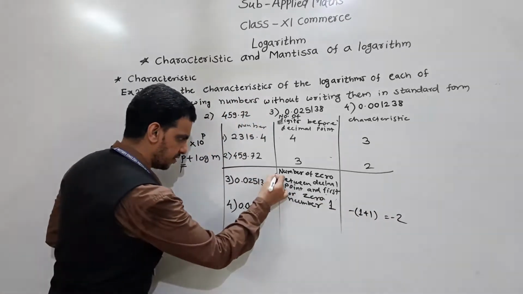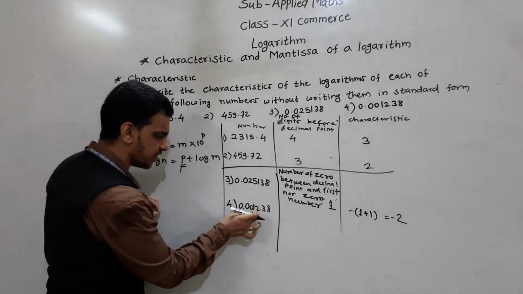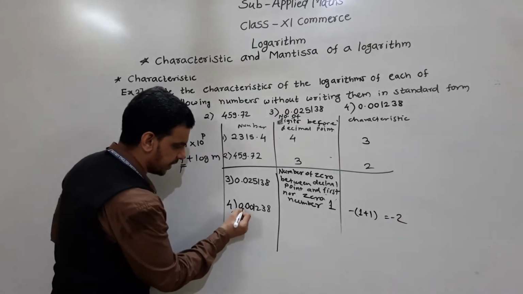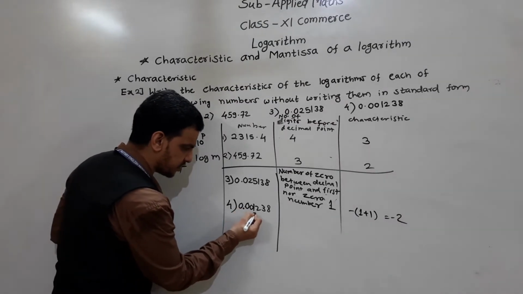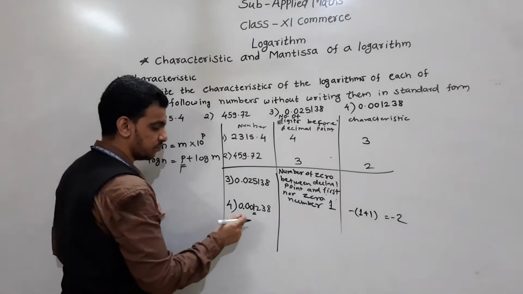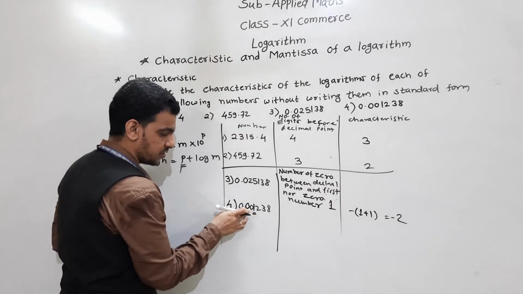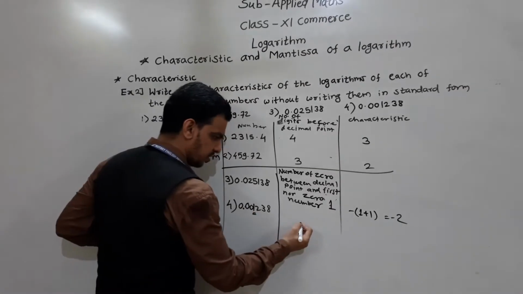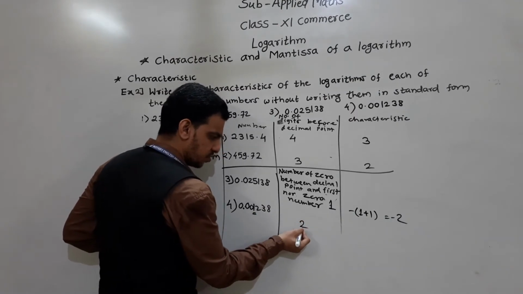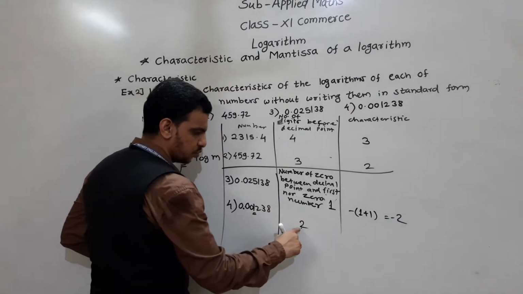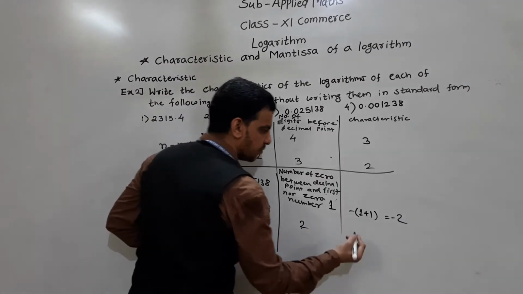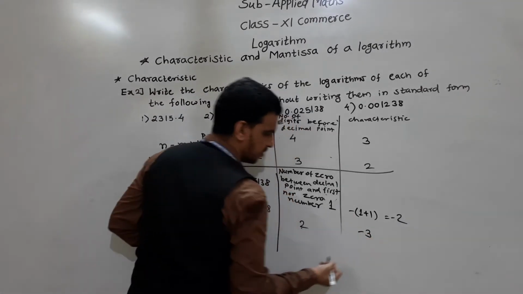Similarly, if we check with this, between the decimal point and the first non-zero number, how many zeros are there? 2 zeros are there. So we count those 2 zeros, add 1, so 2 plus 1 is 3, and give a minus sign, so minus 3.